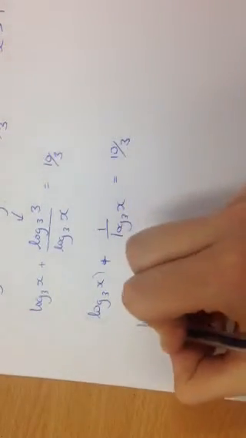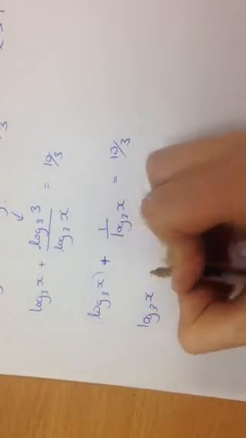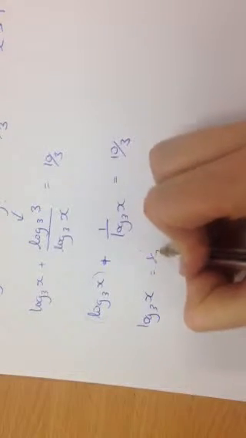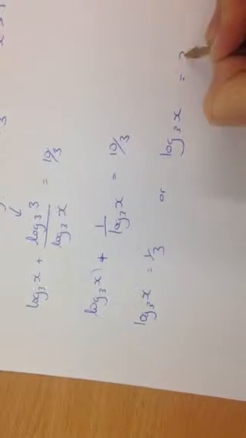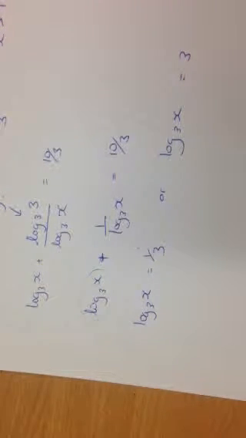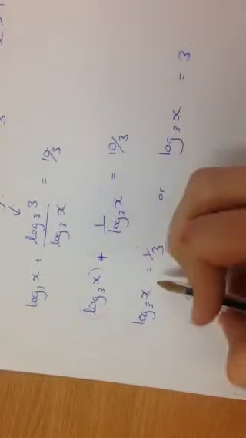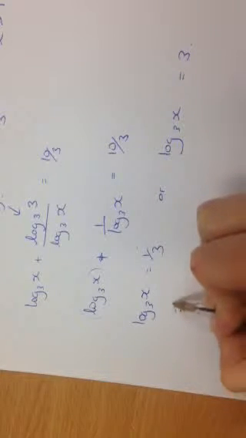So log x in the base 3 could possibly be a third, or log x in the base 3 could be 3. And again, just taking it out of log format, that's 3 to the power of a third is equal to x.